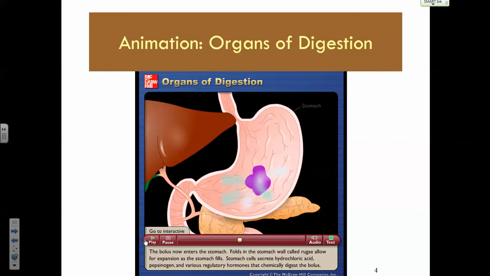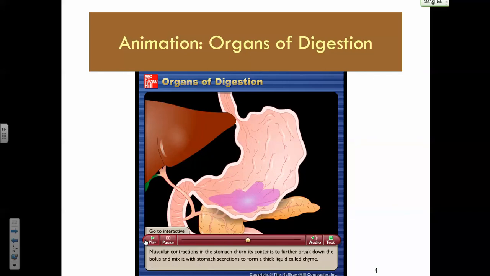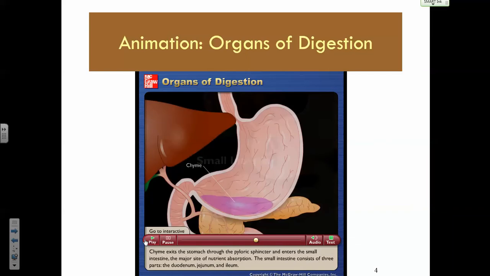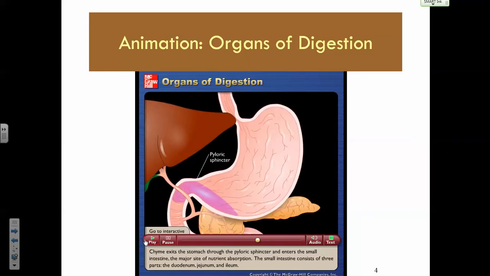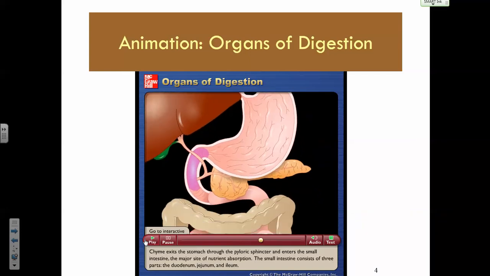Stomach cells secrete hydrochloric acid, pepsinogen, and various regulatory hormones that chemically digest the bolus. Muscular contractions in the stomach churn its contents to further break down the bolus and mix it with stomach secretions to form a thick liquid called chyme. Chyme exits the stomach through the pyloric sphincter and enters the small intestine, the major site of nutrient absorption.